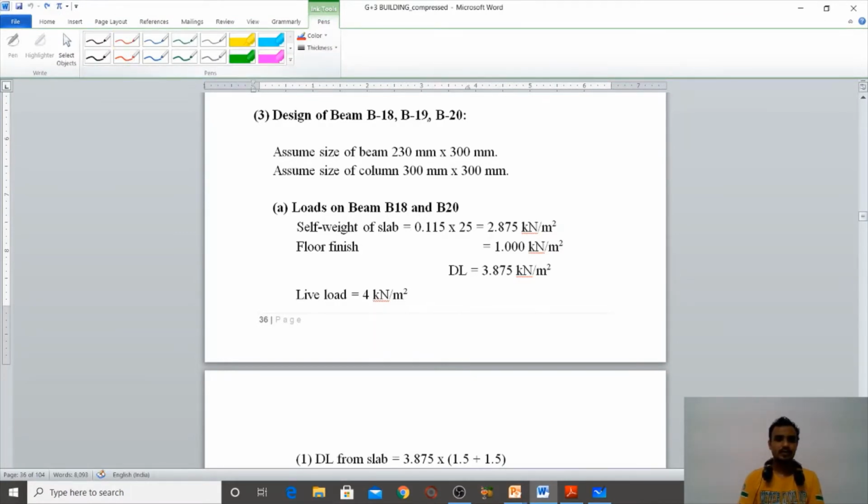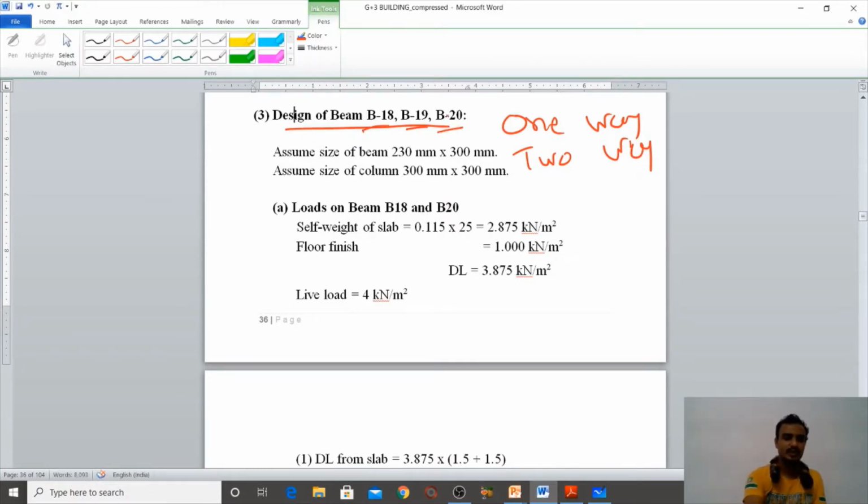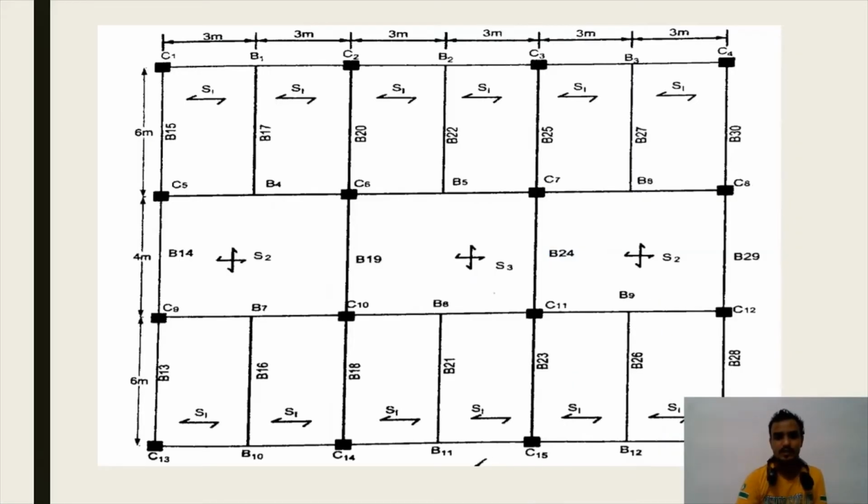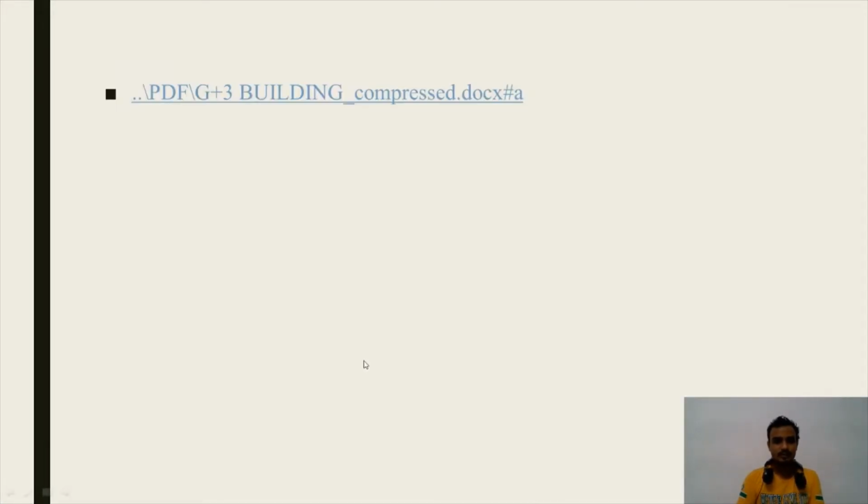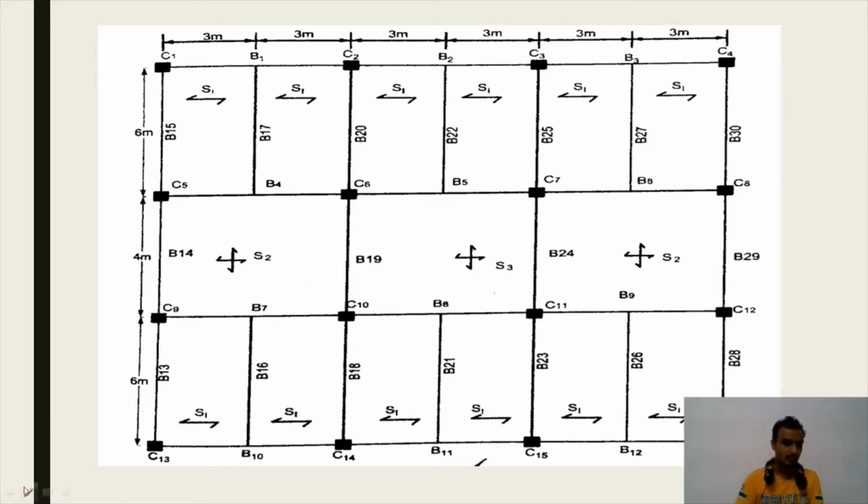In the previous lecture we designed the one-way slab and two-way slab, both continuous slabs, and now in this lecture we are going to design beams B80, B90 and B20. So these three beams we have to design.